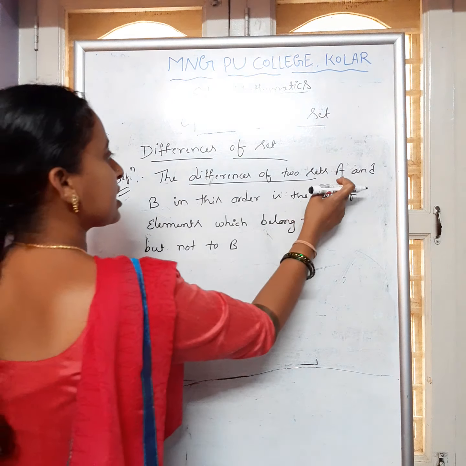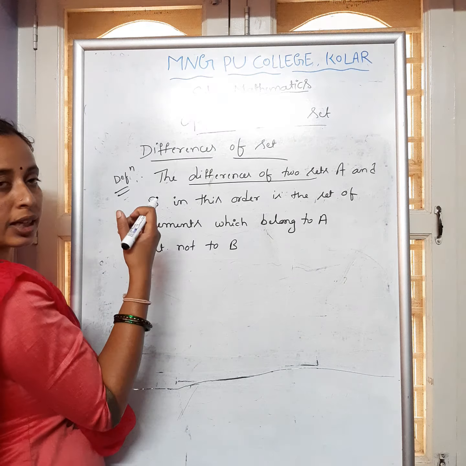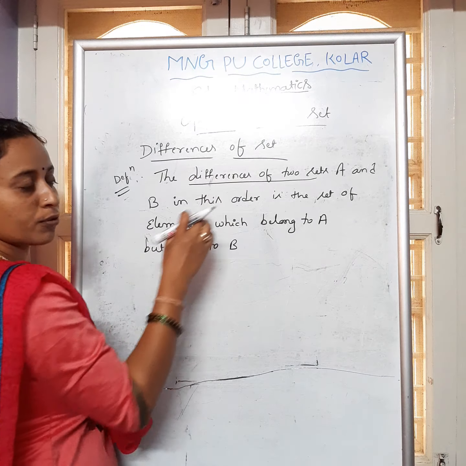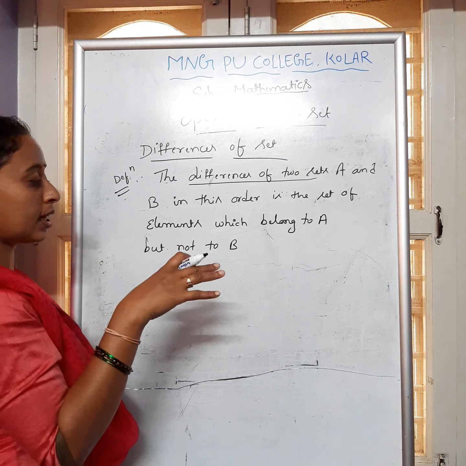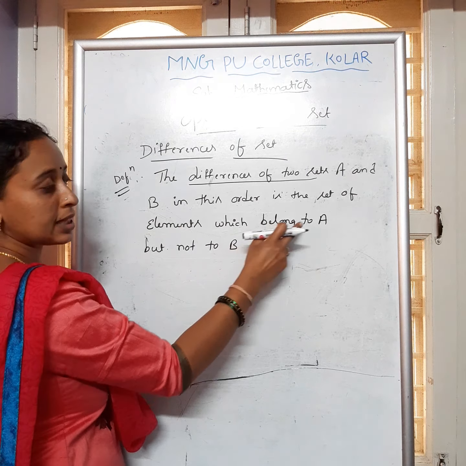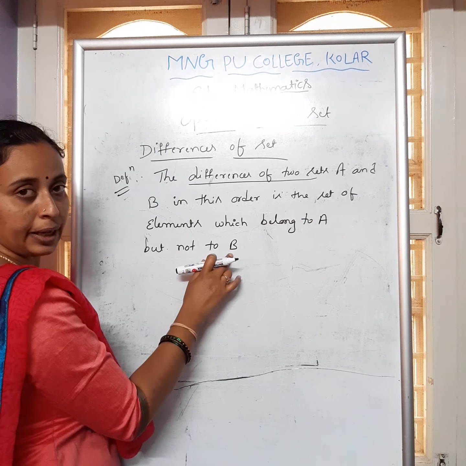If we take two sets, set A and set B, what are the elements we get by doing the difference of two sets? What are the elements we collect? Those elements are in A but not in B.